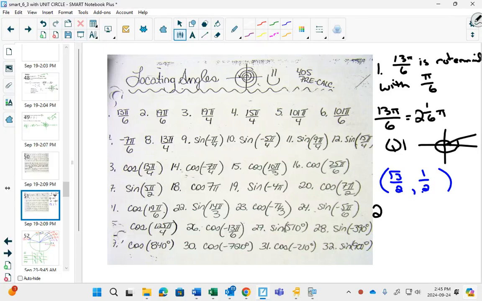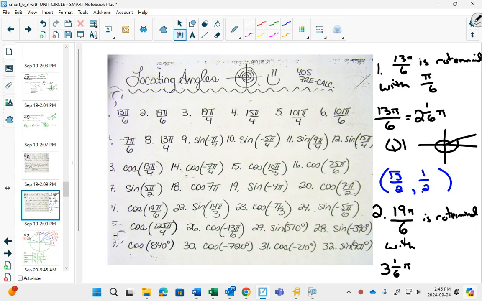Question number 2. We took 19 pi over 6. It's coterminal with, well, 19 is 3 and 1/6 pi.